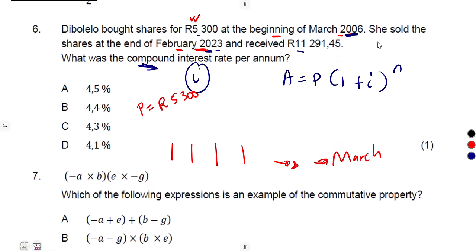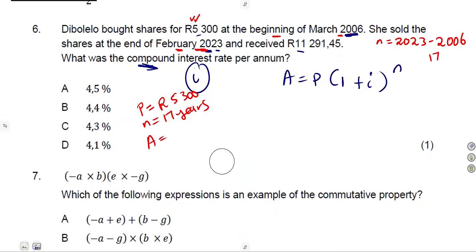So our n was going to be 2023 minus 2006, which was going to give us 17. So that's our n, which is 17 years. Then the amount, which was considered as received, what you received at the end of the period, we received this. So that is our accumulated amount, which is 11,291. All right, actually, guys, I was just supposed to substitute directly into the formula for the sake of time.